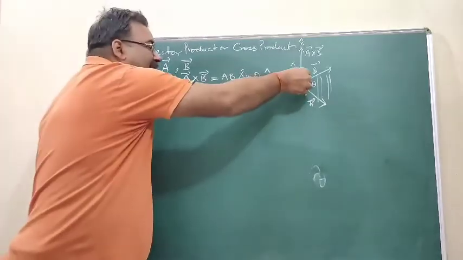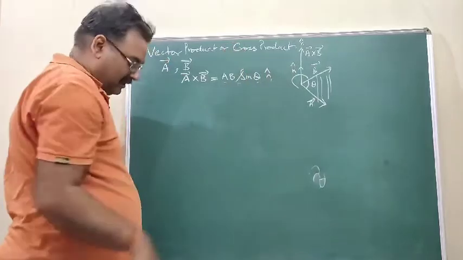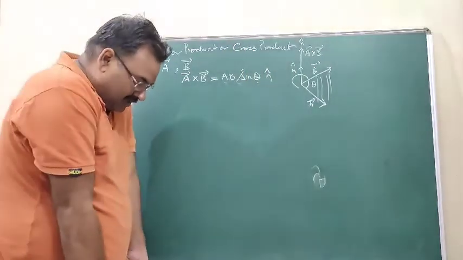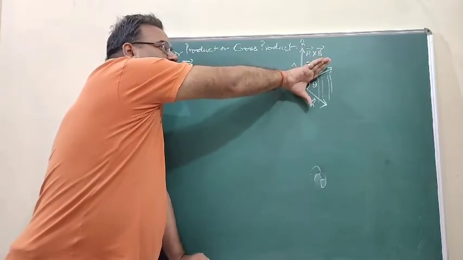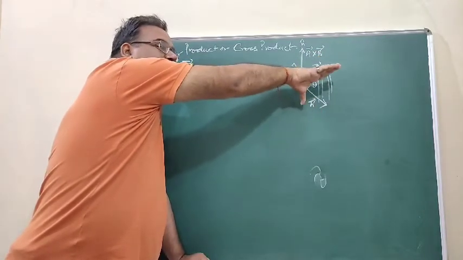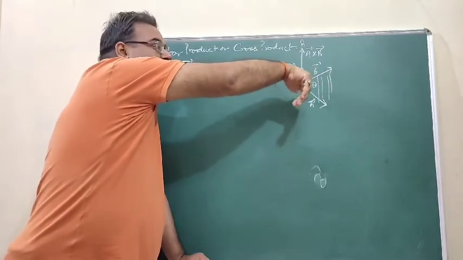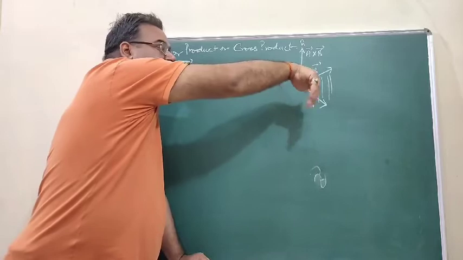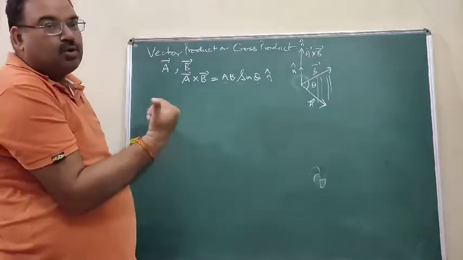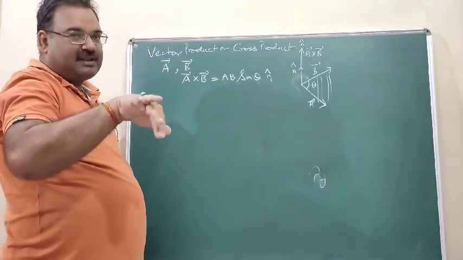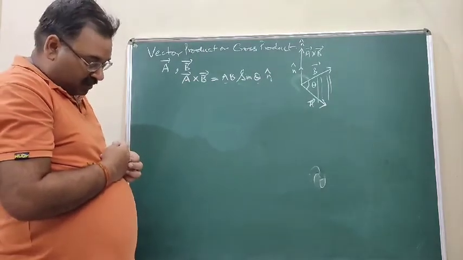In B cross A this angle will come, and then we will rotate from here, rotating it this way, so the vector will come reversed. B cross A will be equal to minus AB sin theta n cap. For B cross A, place your fingers from B and turn them towards A. Where is the thumb going? Into the plane of the board. Now the vector that gives out the product will be perpendicular to the plane but inside the board. When we do A cross B, the product is outward, and if you do B cross A, it is inward. So the direction is getting reversed. Okay, so A cross B will be equal to minus B cross A.